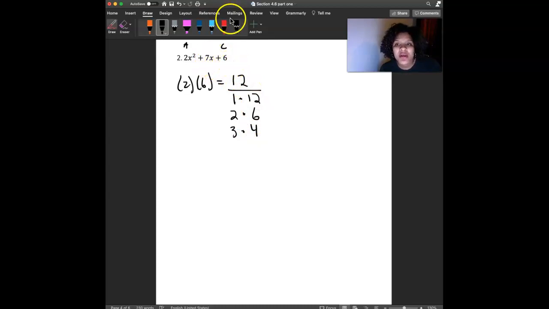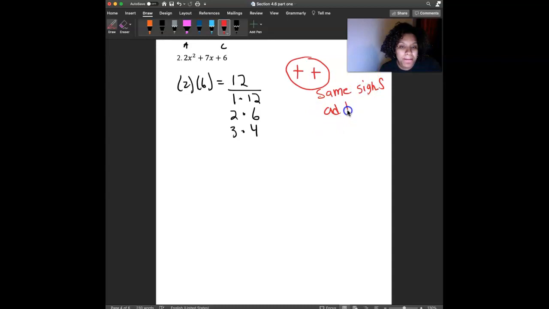Well, let's see. How do we know what it's going to be? Bring the first sign. A positive times a positive is a positive. Same signs. Same signs means you're going to add. All right? That's simple. So now when we ask which of these ones will add to 7, we know that it's going to be 3 and 4.